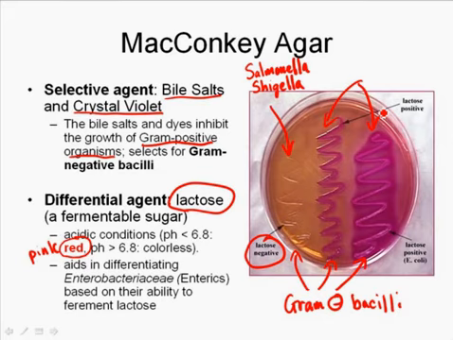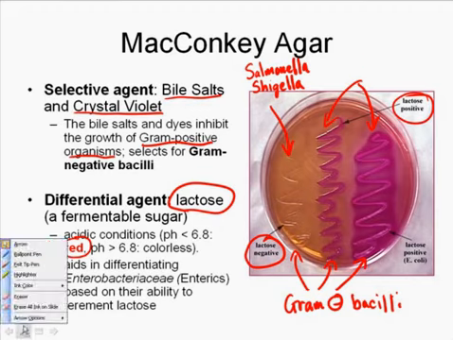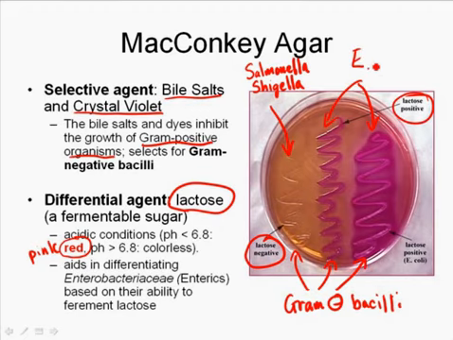We can see that the color on the plate has changed. The color has gone towards a pink/red color. Therefore, we call those organisms lactose positive, which means that they fermented lactose. So the ability to ferment lactose caused the color to change on a plate. Examples of the members of enterics that would give this result include E. coli, Enterobacter, Klebsiella, for example, would provide that nice red color.